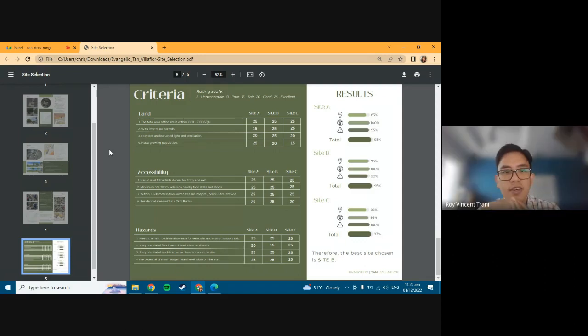The issue is, how do you define the difference between 25 and 20, and then 5 to 10? What makes something 10 points versus 5 points, or 25 versus 20? Yes, sir.